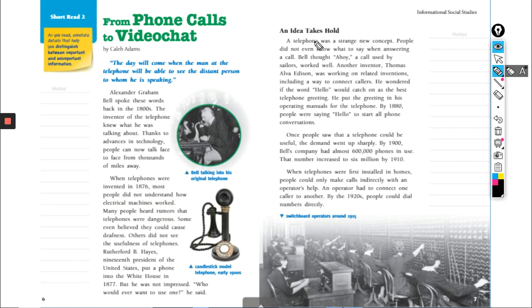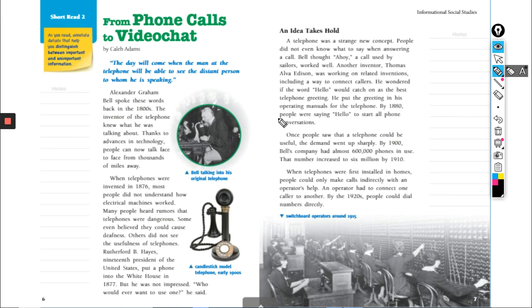So this whole first paragraph is really pointing out that people are starting to use hello to answer phone calls and start phone conversations. But one question that I had, and if I'm identifying a cause and effect, remember we talked about asking that why questions. So why did people start saying hello? Okay, so why did people start saying hello?